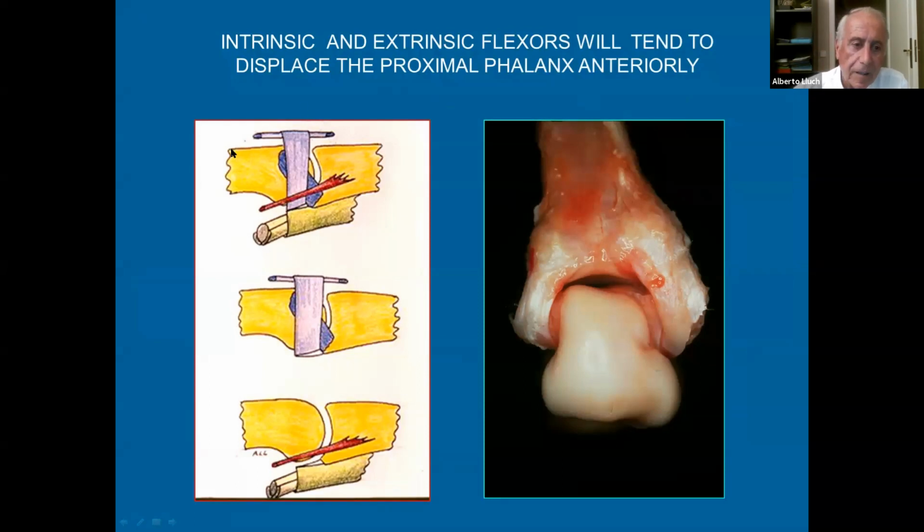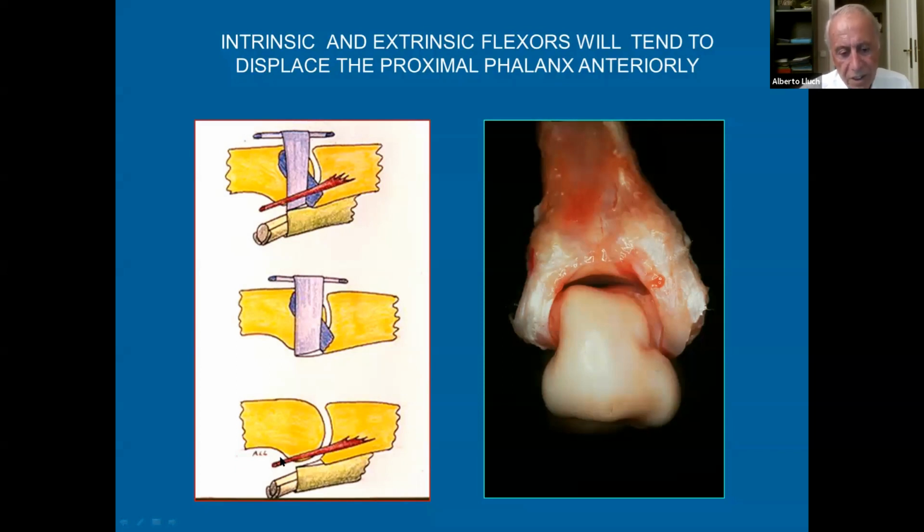This is an MP joint schematically. Extensor tendon, proximal phalanx, metacarpal, interosseous intrinsic muscles, and extrinsic flexors. What are the structures? The most powerful structures are the flexors.